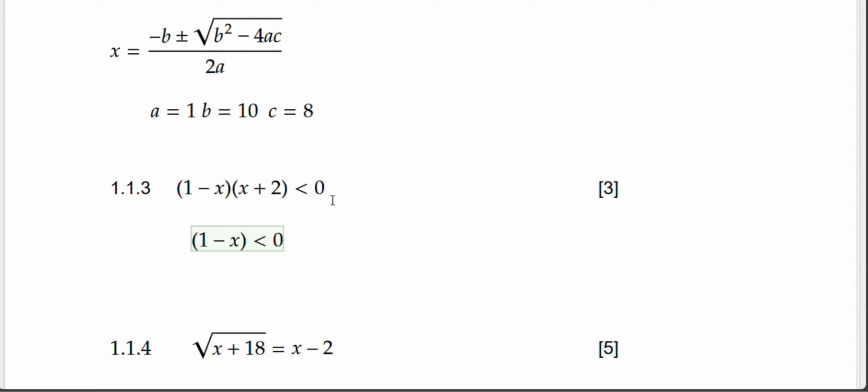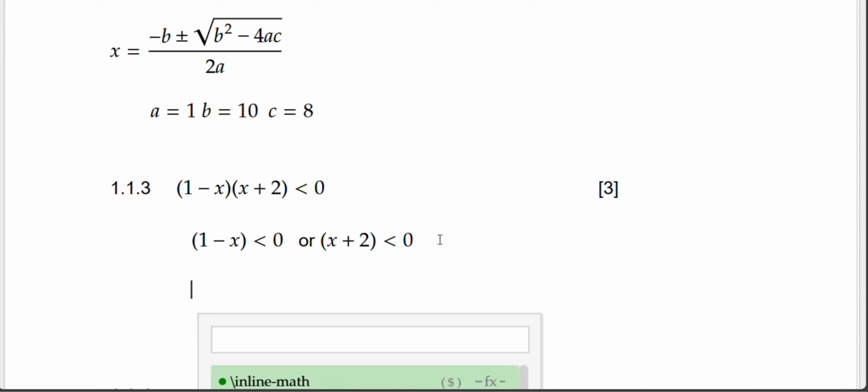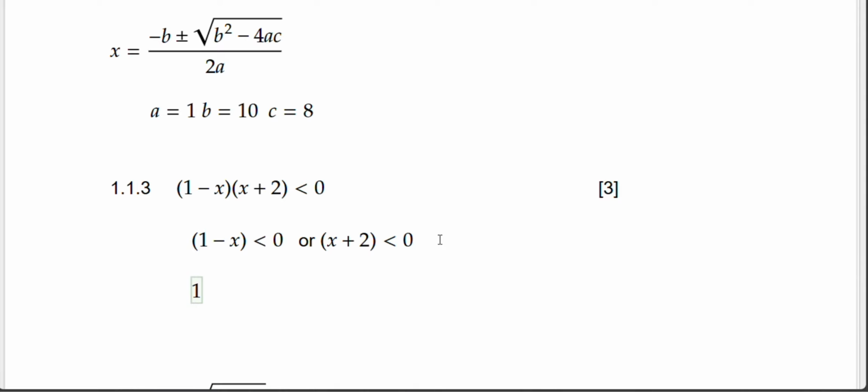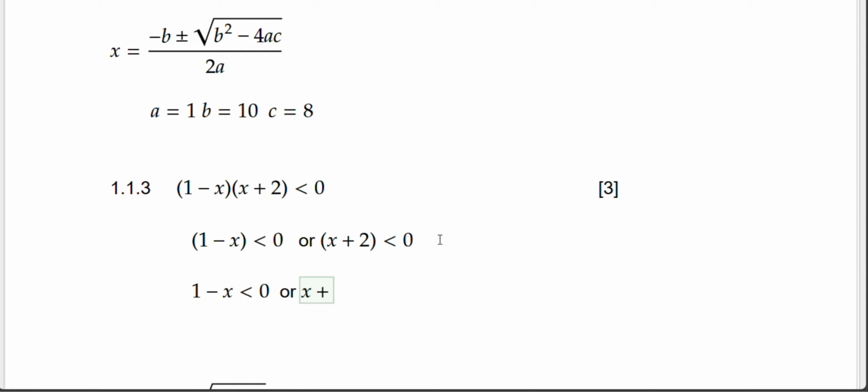Less than 0, or the second term, which is x plus 2, is less than 0. So okay, here you need to solve the first one. So it's going to be, okay, 1 minus x is less than 0, and x plus 2 is less than 0.